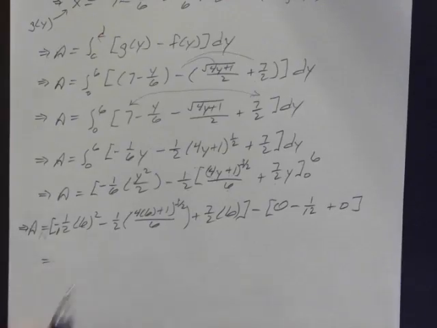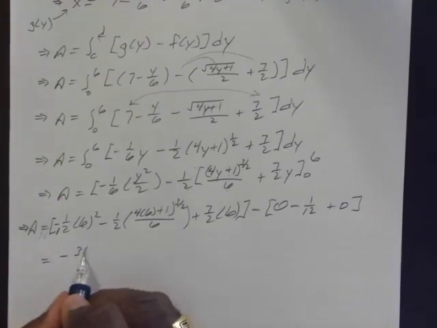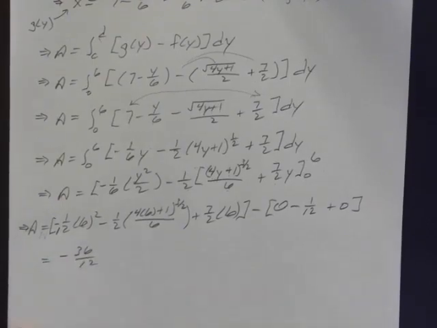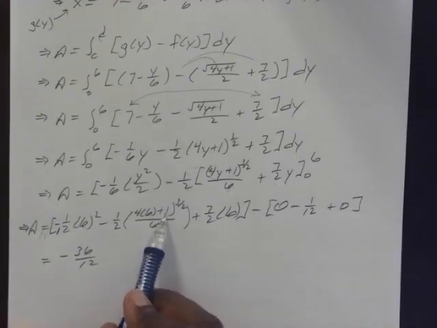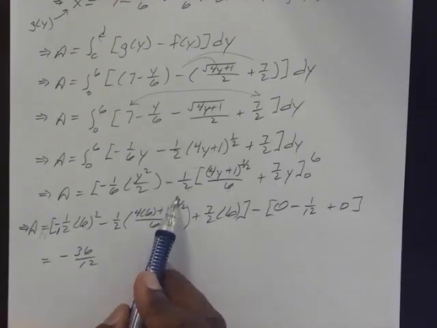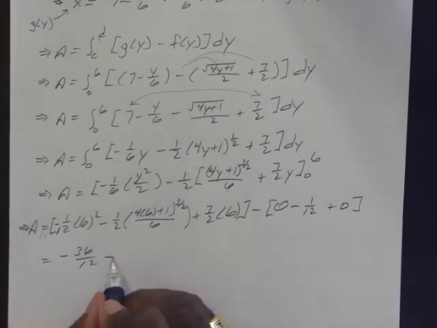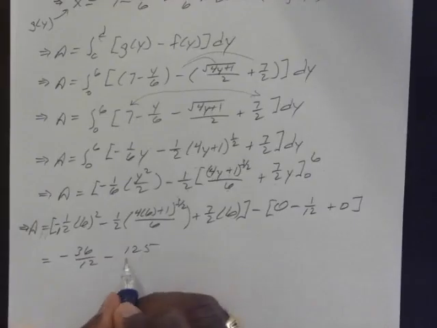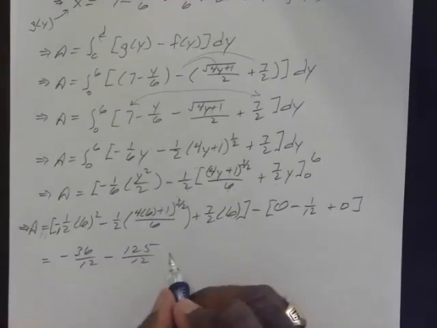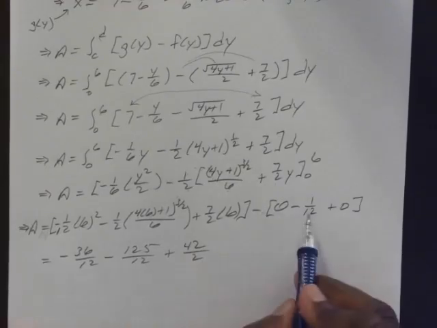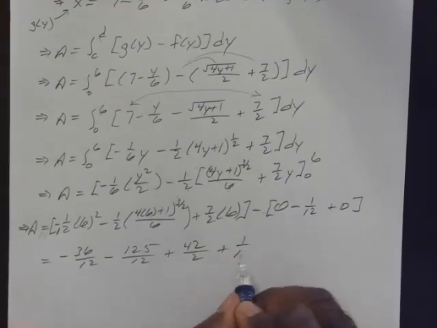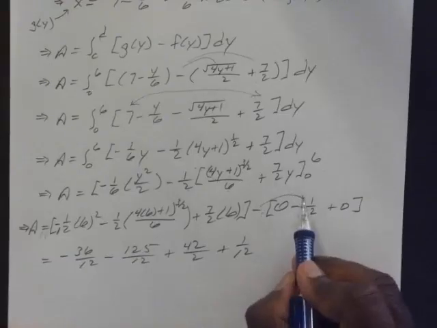All right, so if we simplify, we get negative 36/12. 4 times 6 is 24, plus 1 is 25. So you have the square root of 25 to the 3rd power, which is 5 to the 3rd power, which is 125/12, plus 42/2, plus 1/12, once we distribute that negative.